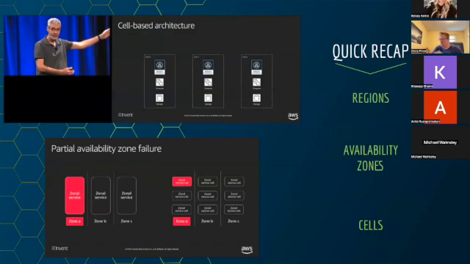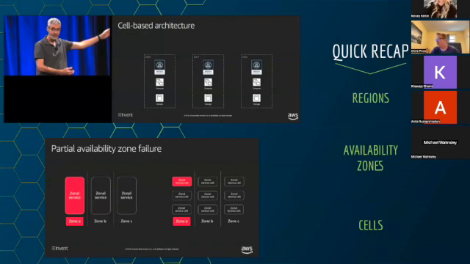And that gives you another way to think about structuring your application in a way that gives you more fault tolerance. So you can have some of your resources replicated or distributed across multiple availability zones in a region. And if something goes wrong in one of those availability zones, it doesn't impact your ability to continue to execute your application in the other availability zones.